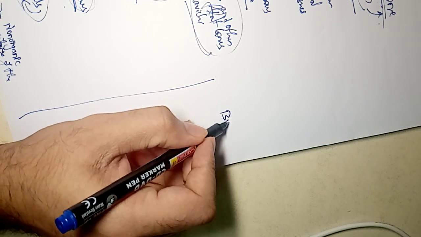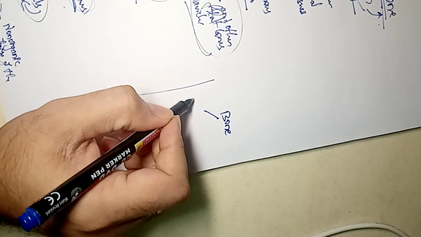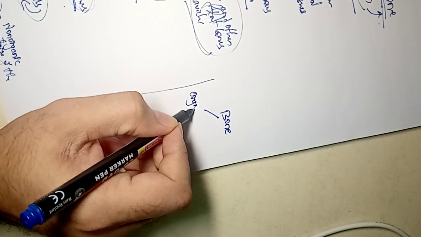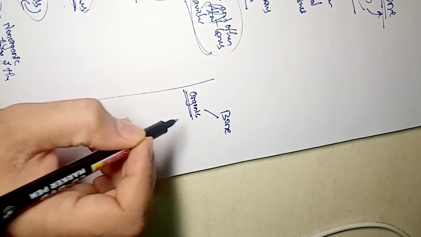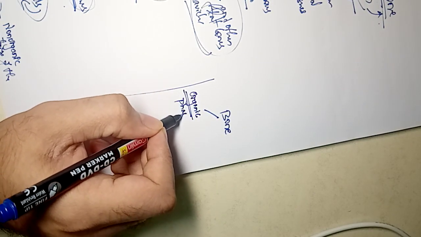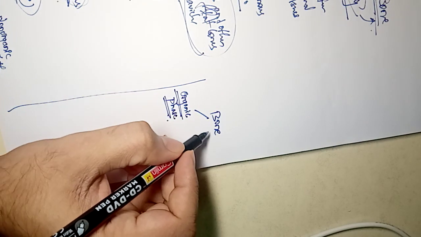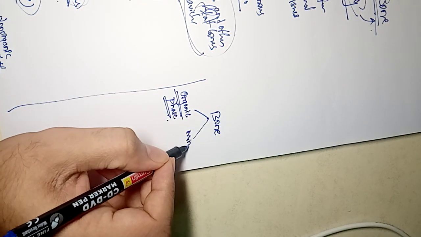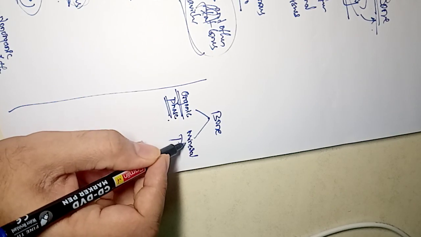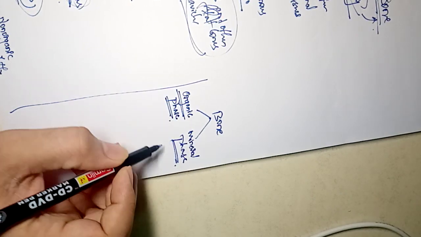Bone is made up of an organic phase and a mineral phase. Okay.